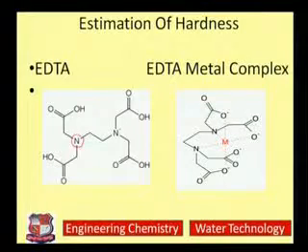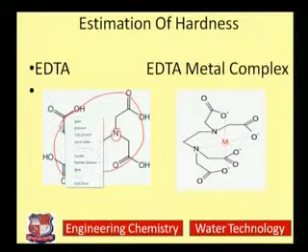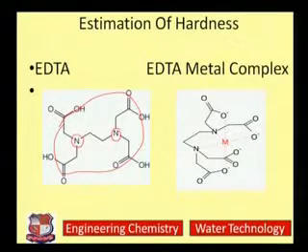Formation of bond is by 2 nitrogen and 4 oxygen. So in all, 6 bonds are formed with the metal ion of the hardness causing salt, and this metal EDTA complex is formed.